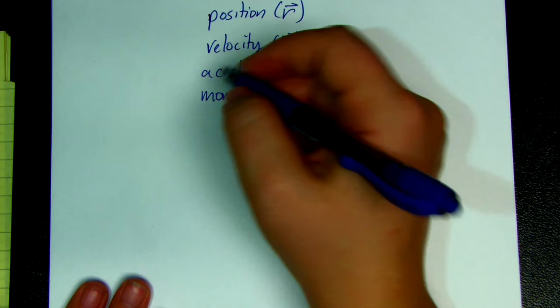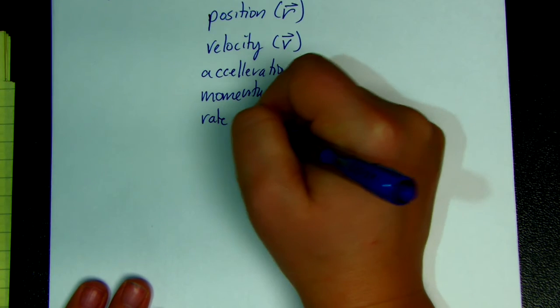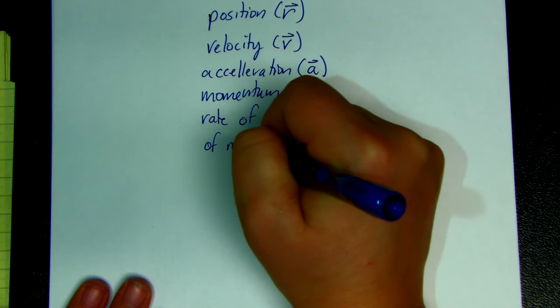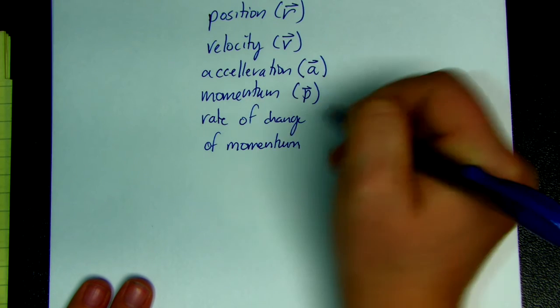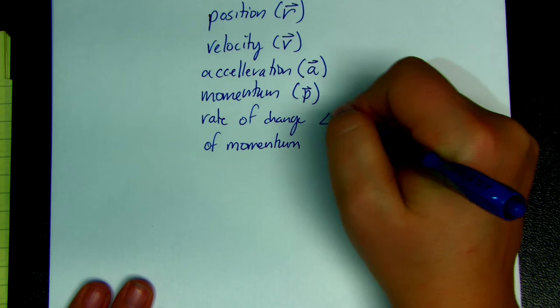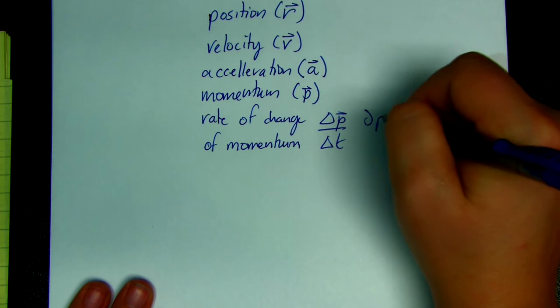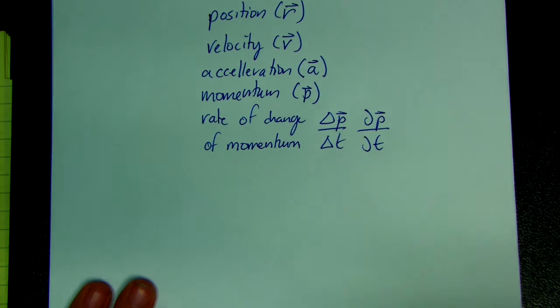And then we'll look at the rate of change of momentum, which you'll either think of as delta P over delta T or the time-based derivative of momentum.